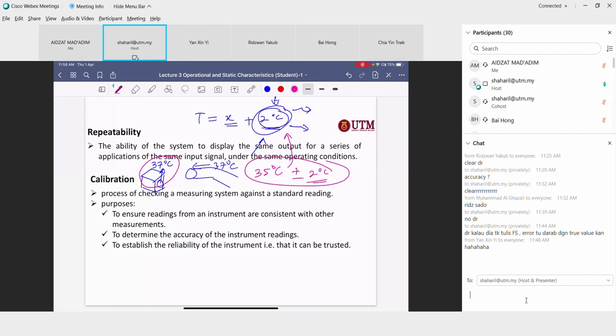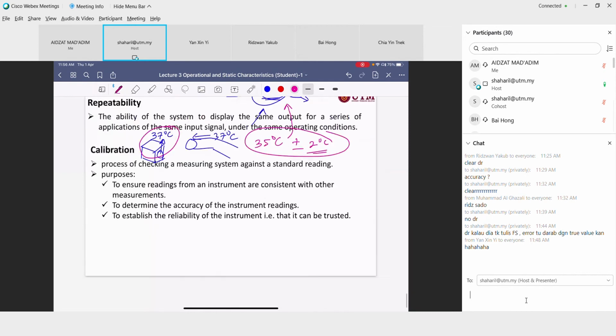Okay, for example, 80 degree, and then you can put your instrumentation device in the same hot water, you should get 80 degree also. All right, if you don't get it, that means you need to change the offset value. Okay, so maybe you can change it internally, or you can change it later when you get your data, you change the offset. Okay, that is the purpose of the calibration.